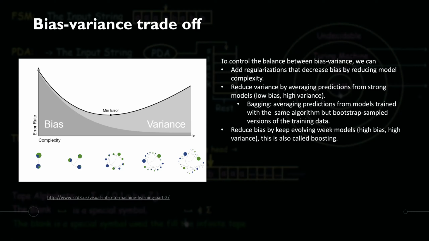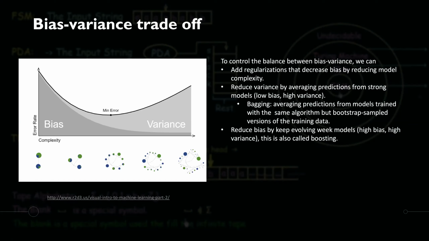Typically, it's very hard to train multiple models at the same time, and it's hard to keep each model independent of the others. One way to address that is to use the same algorithm and train it many times, but with a different version of the data.